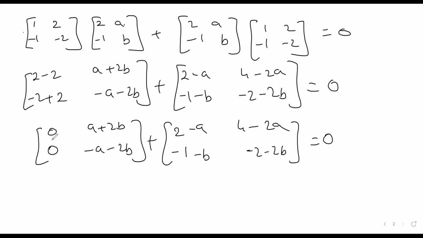So obviously 0 plus 2 minus a is equal to 0, because if this is 0, then this is a matrix actually having value 0 0 0 0.